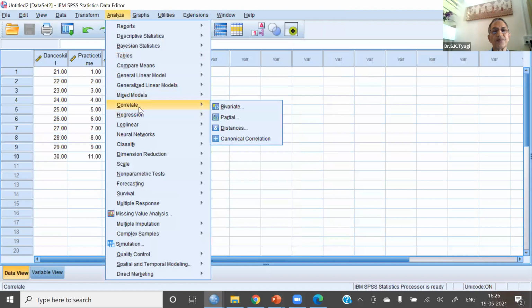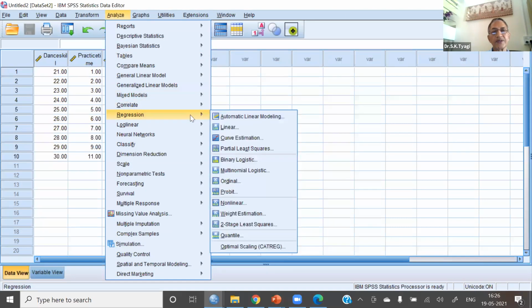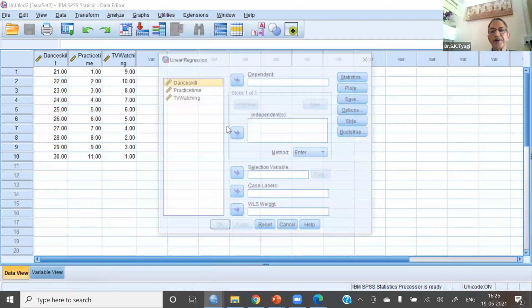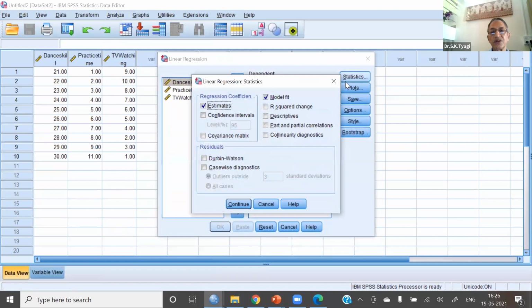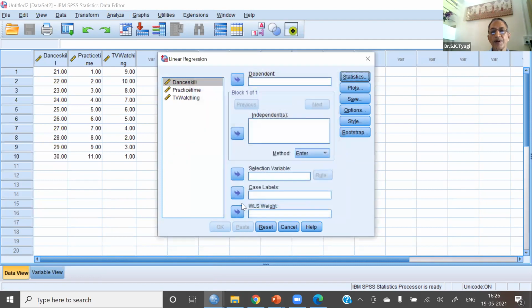One by one, we are exploring each option. Regression, linear, statistics, collinearity diagnostics. Then continue, but we have not shown that here. Dance skill is the dependent variable, and practice time and TV watching are the independent variables. Just click OK.